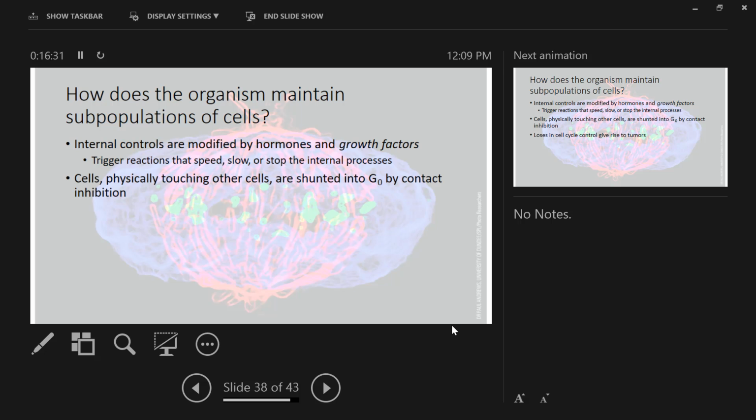So cells physically touching each other trigger contact inhibition, and they actually shunt out of G1 into G0 by contact inhibition.